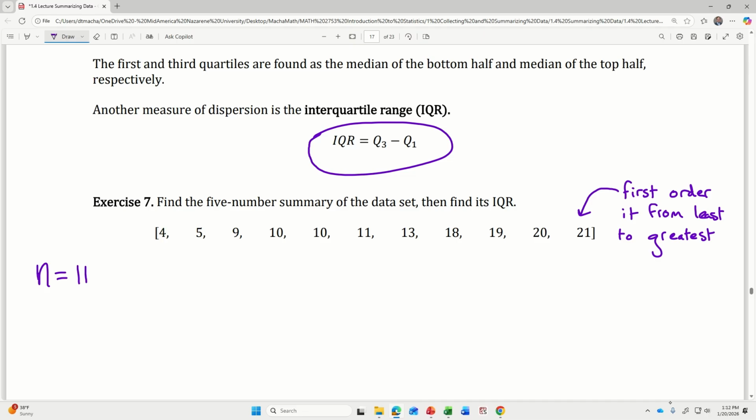So that means I can find the minimum very easily. I can find the maximum very easily. The median should be number 6: 1, 2, 3, 4, 5, 6. This should be my median.